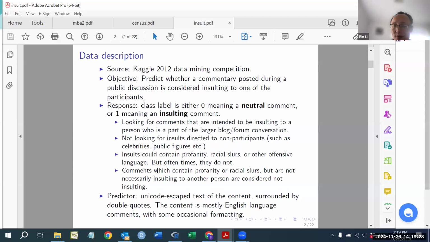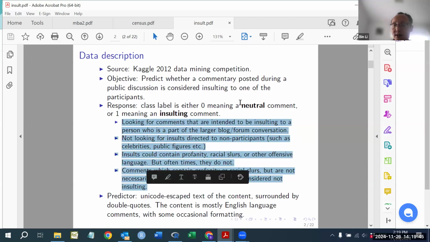Comments which contain profanities or racial slurs but are not necessarily insulting to another person will be considered neutral comments. So it is insulting only if it targets one of the participants in this discussion forum.